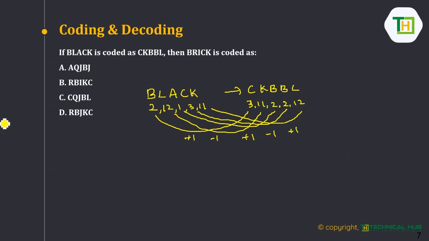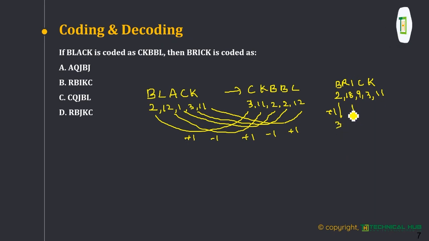The same logic is applied to brick, means given the word. The given the word is brick. So with respect to numbers are 2, R means 18, I means 9, C means 3, and K means 11. So adding 1, 2 plus 1 means 3, subtracting 1 means 18 minus 1 means 17.